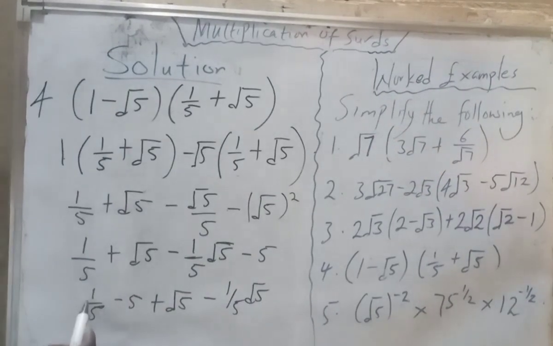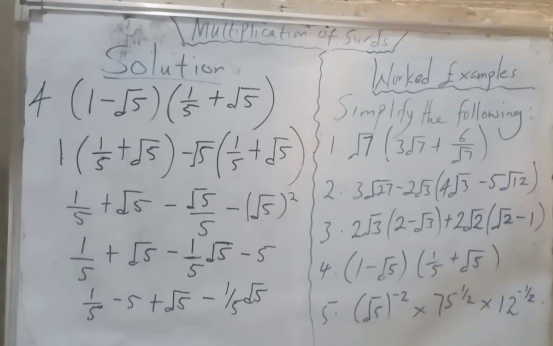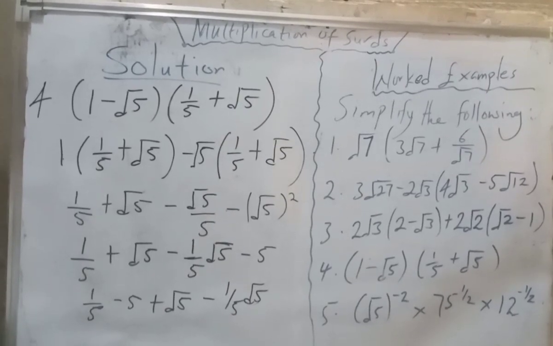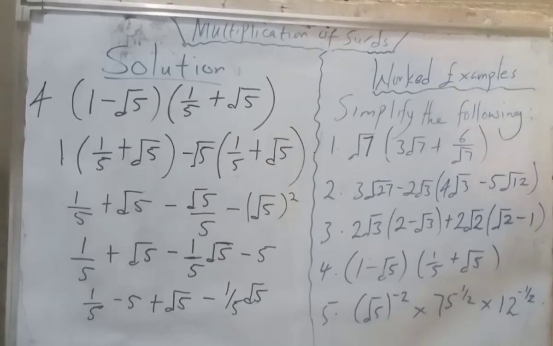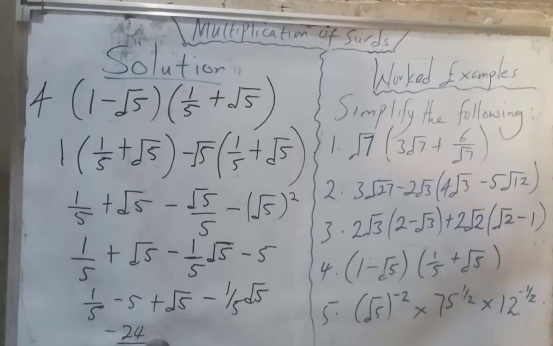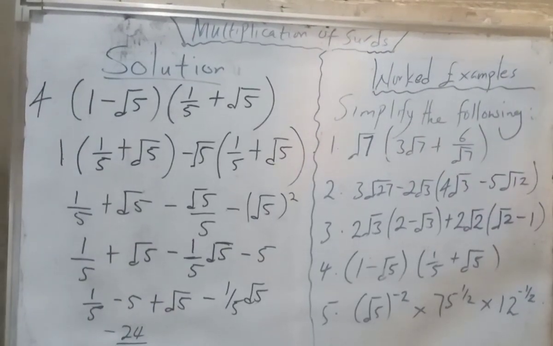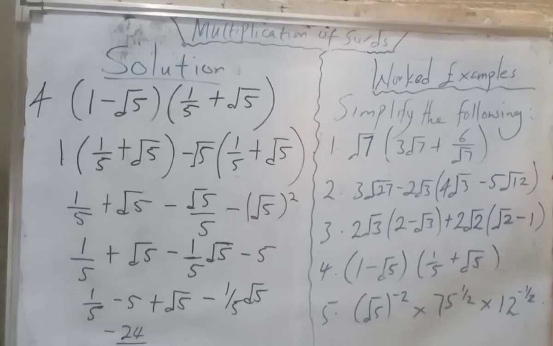So as I was saying, we simplify the number part separately and also simplify the surd part separately. So 1 over 5 minus 5 will give us negative 24 over 5. Then root 5 minus 1 over 5 root 5.